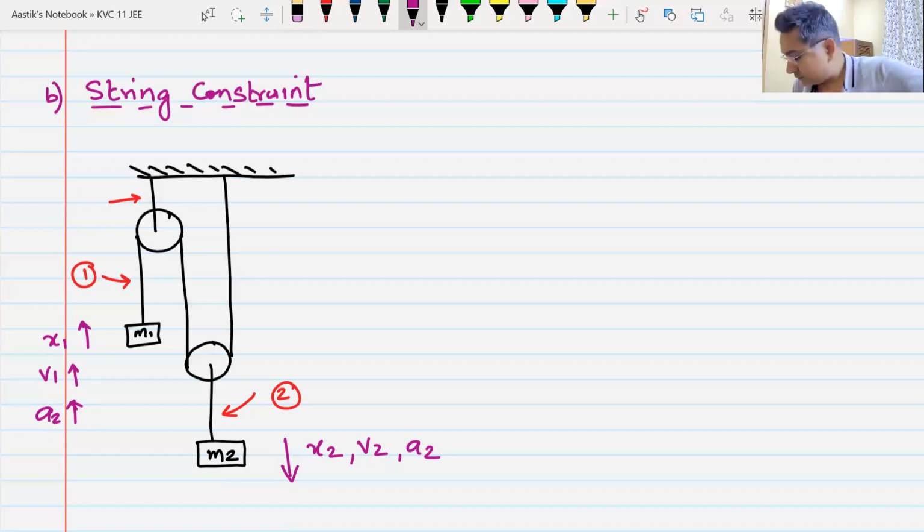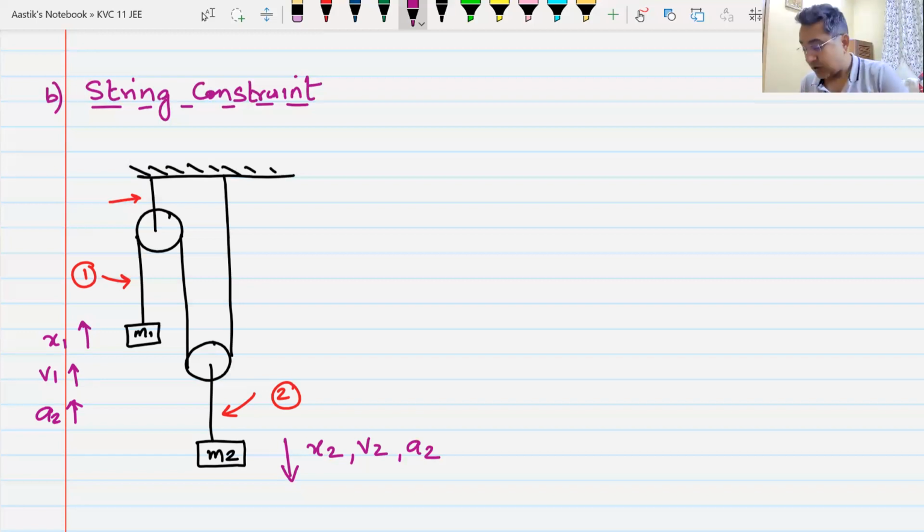Now I will not go much into the detail of how we are going to do this. There are 2 or 3 different ways of doing it. We don't have enough time and we don't want to waste time as well. Remember, JEE is all about saving your time. It's not about telling you 15 ways and then telling you which is the best way. So why tell you 14? Just tell you the one which is the best.